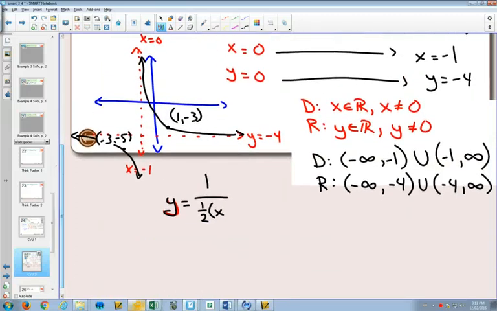Left 1, so that would be plus 1. So can you see how the half is where the x was in the bottom of our fraction? It's factored out, and we have a plus 1. And then down 4 would show up afterwards as a minus 4. So that would be the explicit equation for this one.